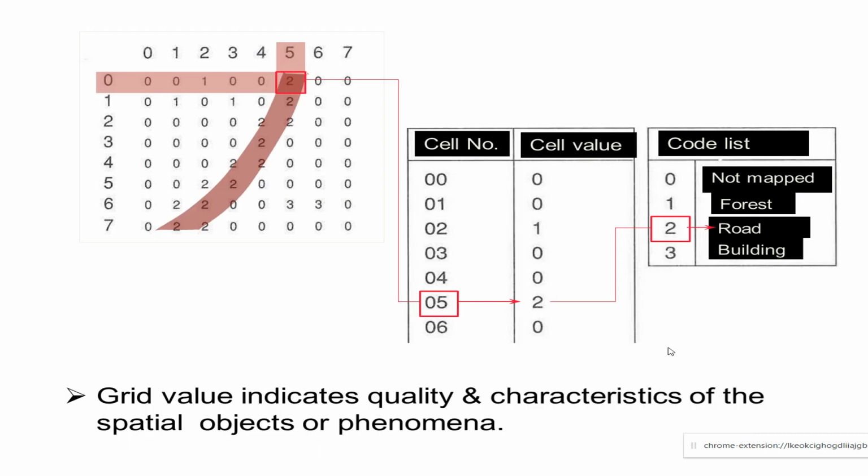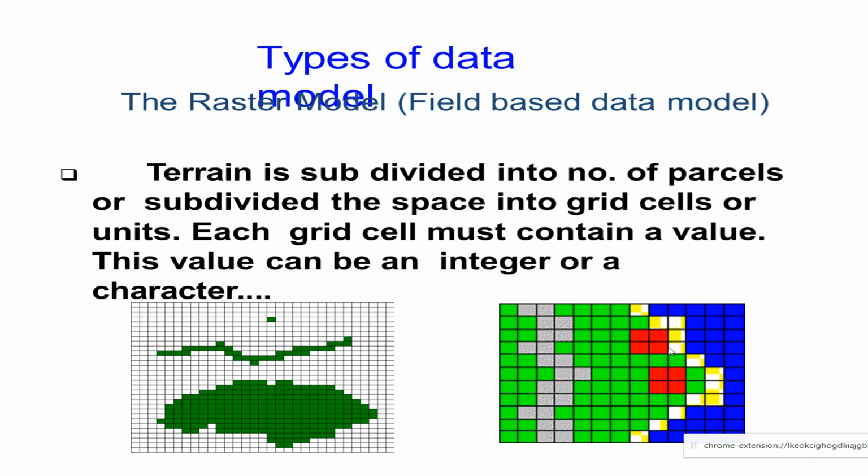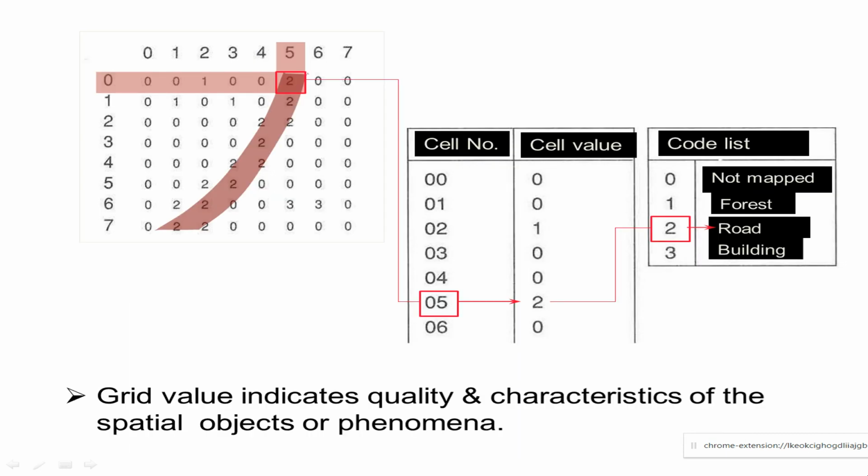Here you see cell number, cell values, and code list. Grid values indicate the quality and characteristic of the spatial object or phenomenon. Every grid has a cell number; these grids have 1, 2, 3, all cells, and each cell has a value.